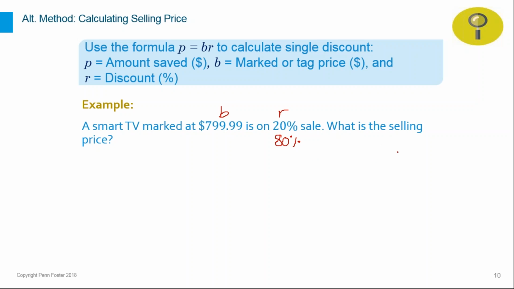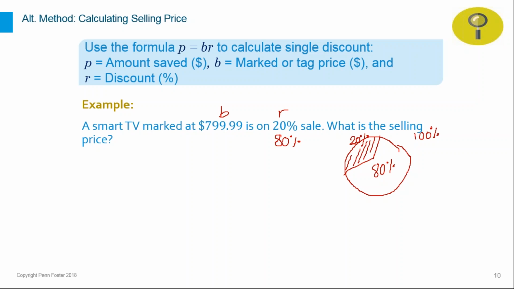If I imagine the tag price is a full circle that represents 100%, and 20% is off, that is the discount, then the remainder of the circle, the 80%, represents the percent of the tag price that is the selling price. So instead of using R as 20%, I can use R as 80%.